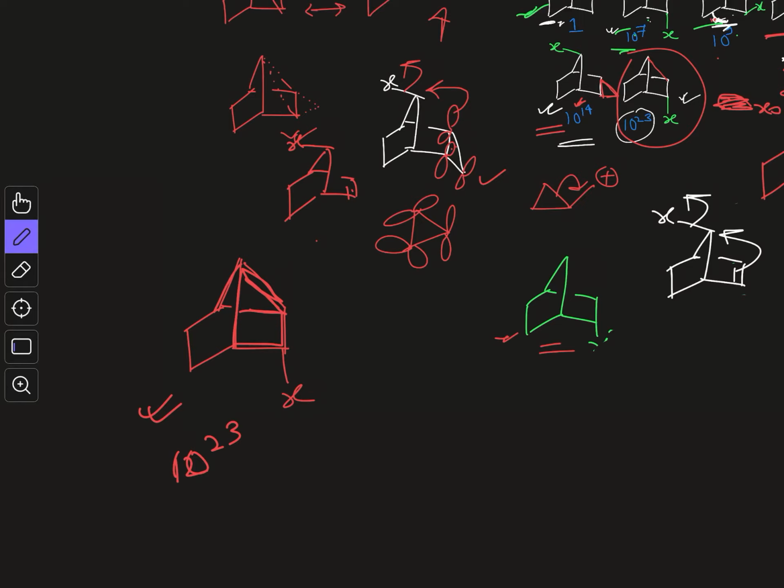Now if I write down the orbitals here, let me draw it again. This is the molecule we have, and we have this X group over here. This is the LUMO of the X group, and we have this bond.